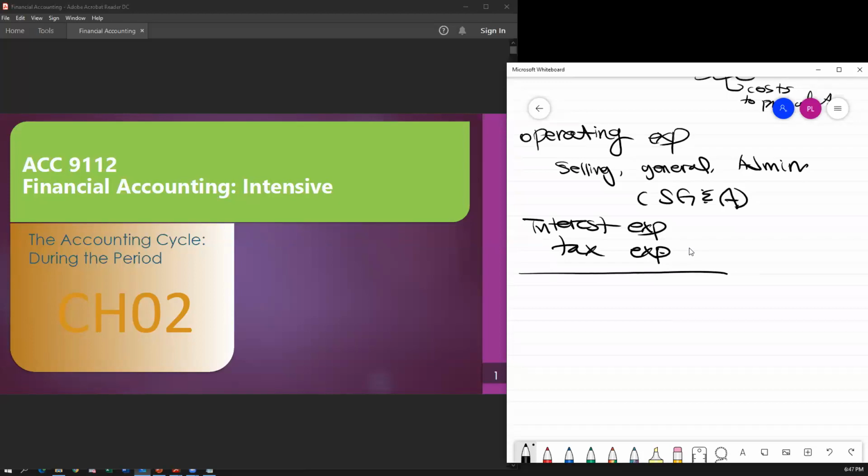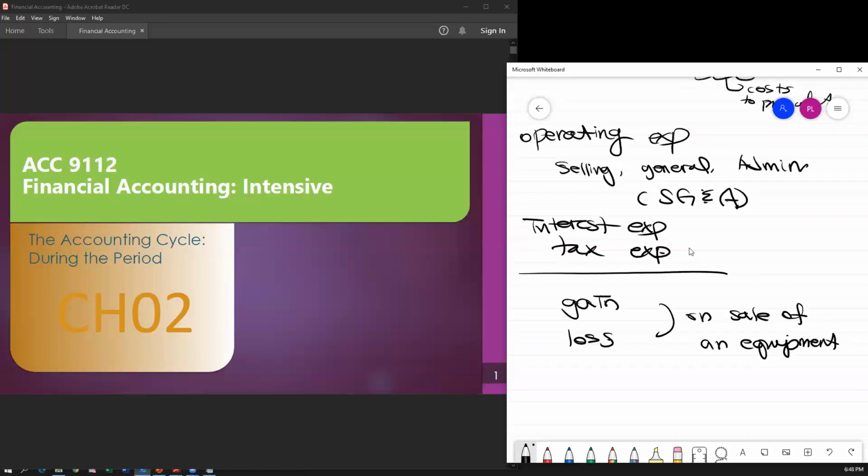Now, another thing that you might not be familiar with is gain or loss. For example, gain on sale of an equipment. Let's say you're a company and you sell equipment that you owned for the past 3 years. If you sell that equipment, there is going to be a gain or loss depending on how much you sell it at to a third party.